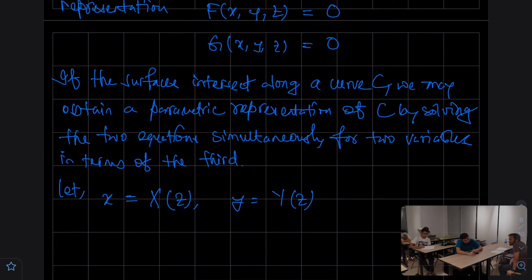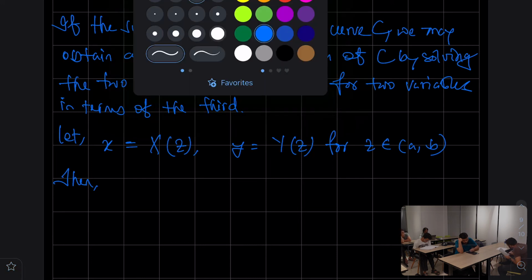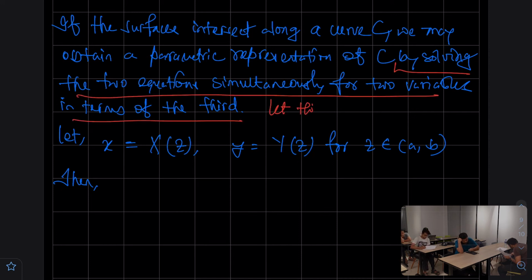So I am expressing the two variables in terms of the third, for z an element of some open interval (a, b). So let me make this more clear. Let this be true, then we go there.